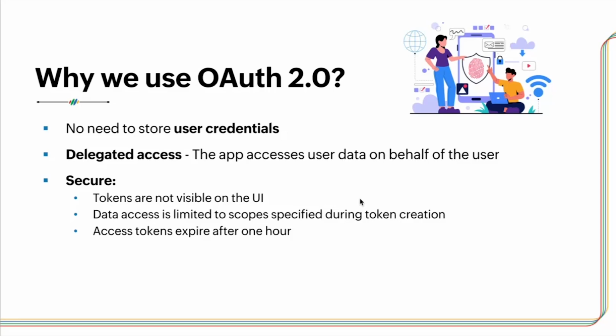So scoped access increases the security, and these access tokens expire after 1 hour, which means the application can access your data for only 1 hour. So even if there is a security breach, because the access tokens expire in 1 hour, after that the security breach is contained.